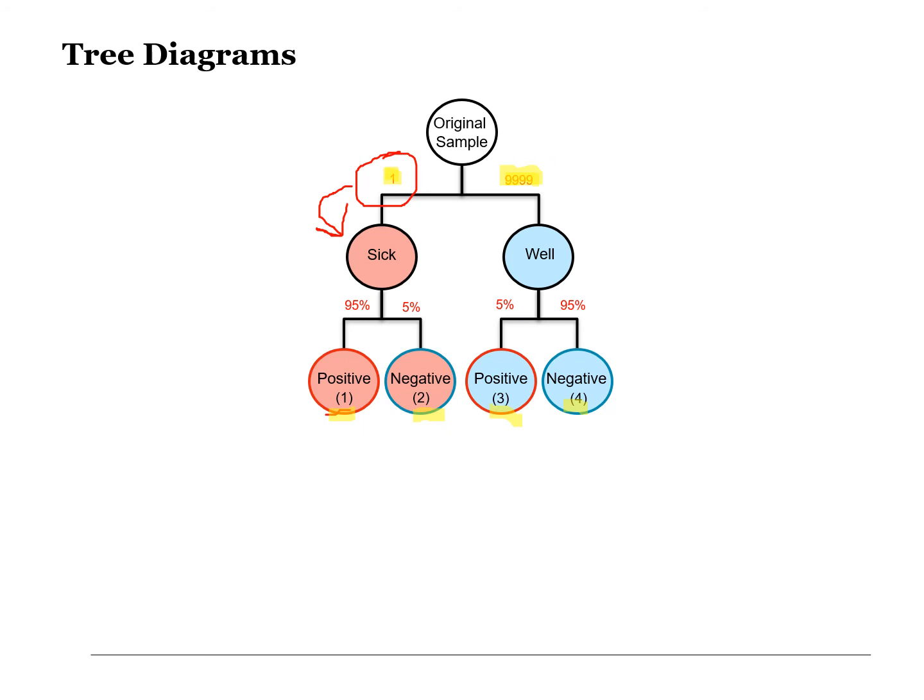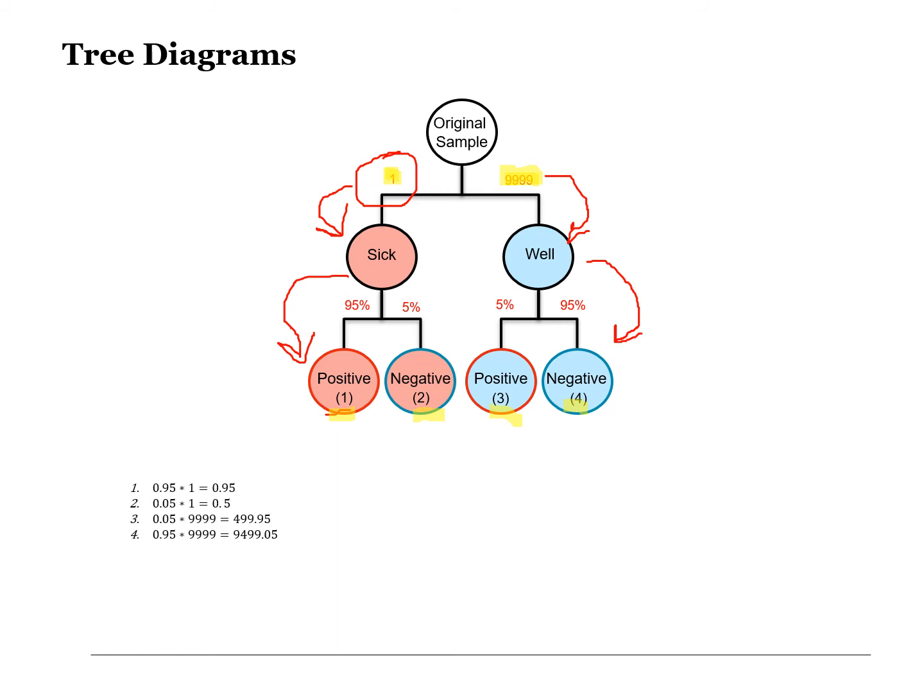And then the rest of that 10,000 will be here. Cool, now we've got groups of sick and well, and now it's time to apply the accuracy as described before. So 95% of the sick people will test positive, 95% of the well people will test negative.